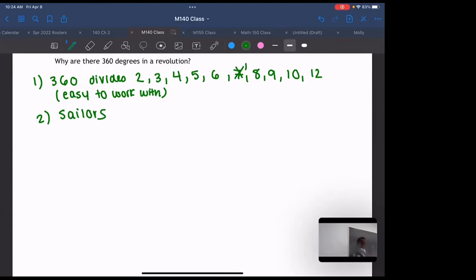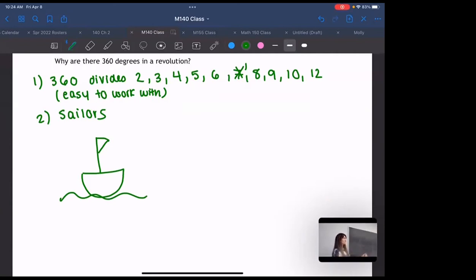Imagine you're a sailor out in the open sea, right? So you're just out in the open on your sailboat and there's no landmarks. How do you figure out where you are? A compass, good. And your coordinates, and how did those, ooh, the stars, right?